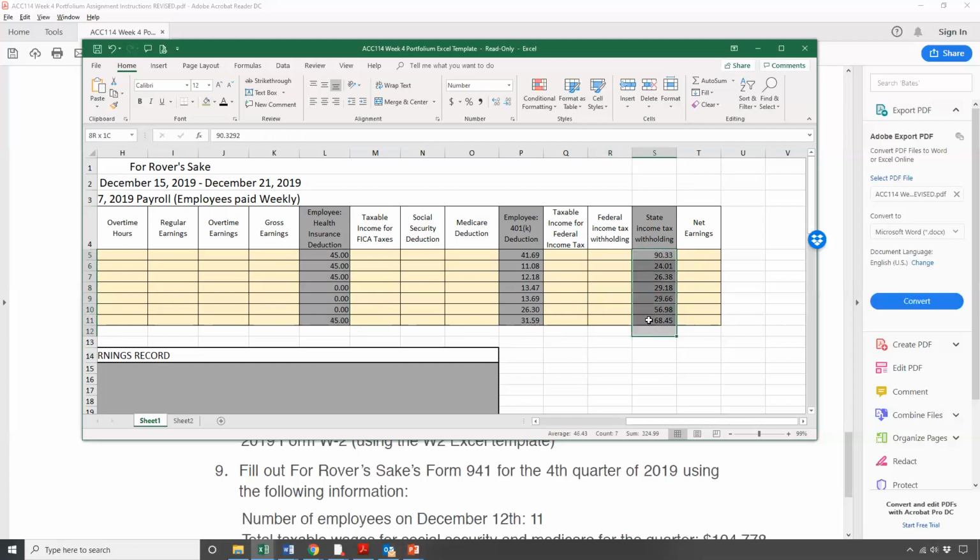And then income tax withholding for state, and then your net earnings. And remember, your net earnings is going to be your gross earnings less the health insurance deduction, less Social Security, less Medicare, less your 401k, less the federal income tax withholding, and less your state income tax withholding to come up with the net earnings.